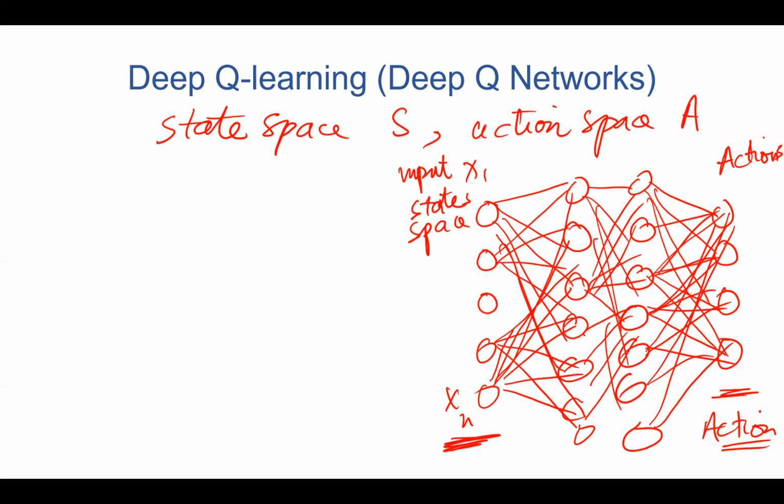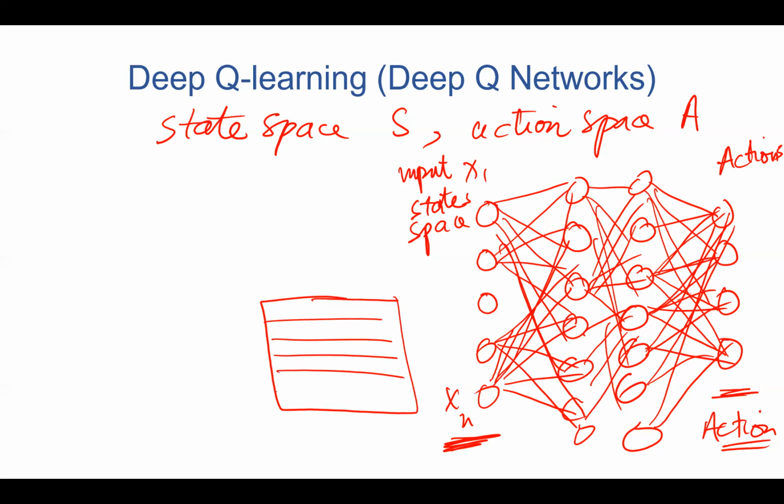So here in this part, you have states, and you have your input variables like x1 up to xn. What do I mean by x1 up to xn?